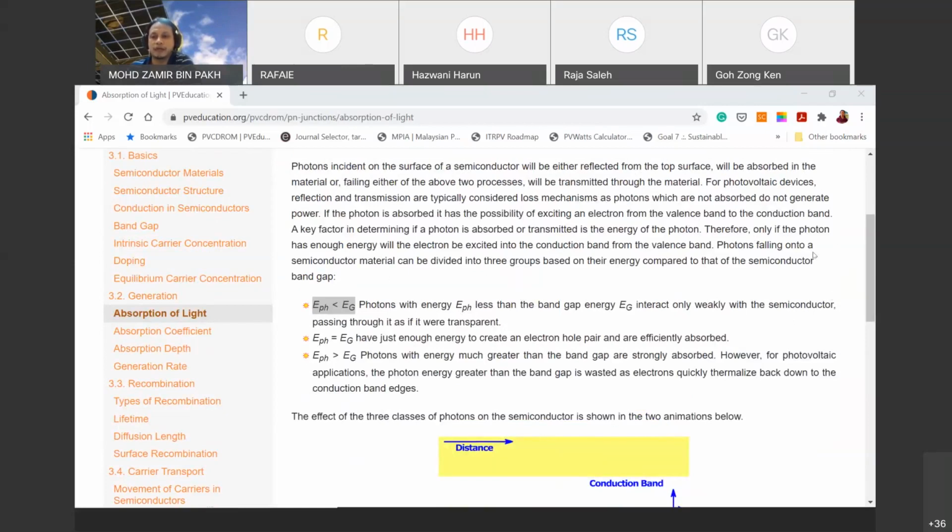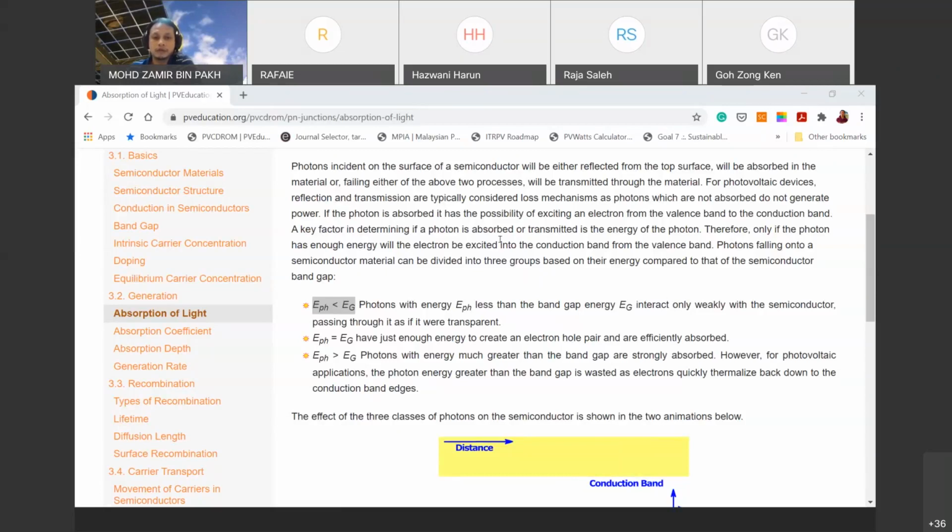So there will be no absorption at all, right? Since you're talking about absorption and generation now.